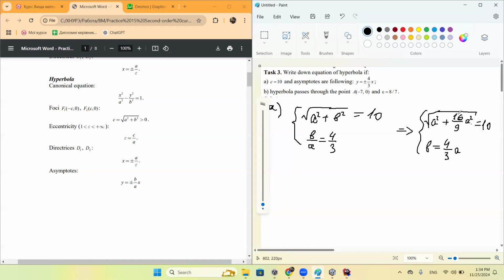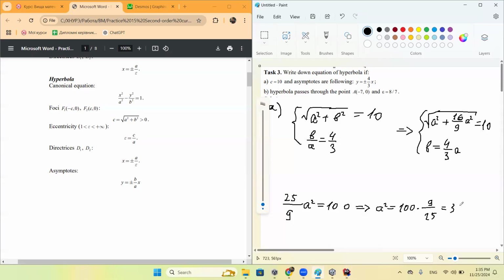And now let's find A from this equation. Let's raise it to the power of 2 and add everything. So 25 by 9 A to the power of 2 equals 100. So A to the power of 2 equals 100 by 9 divided by 25.